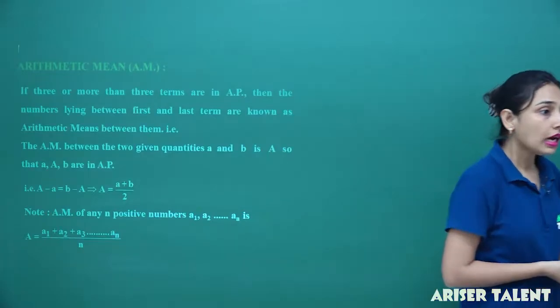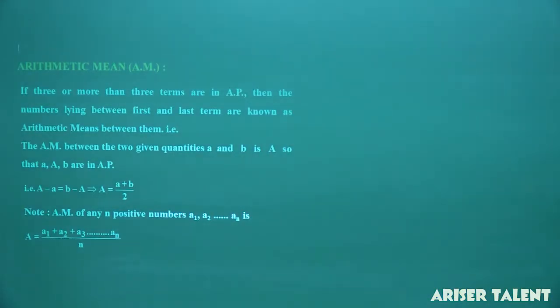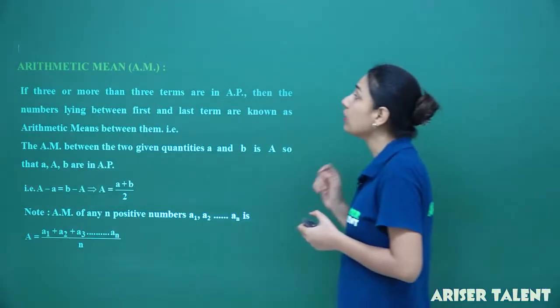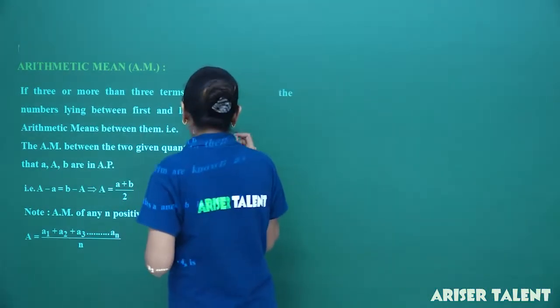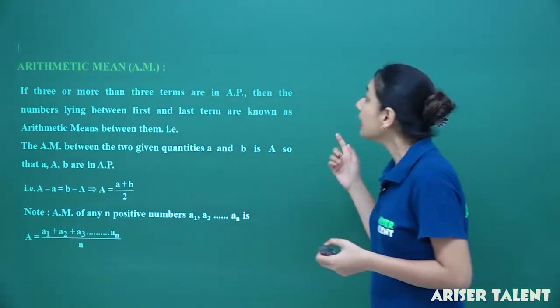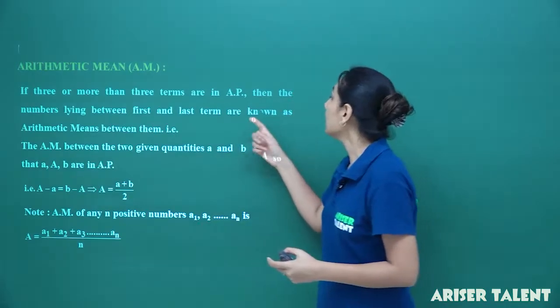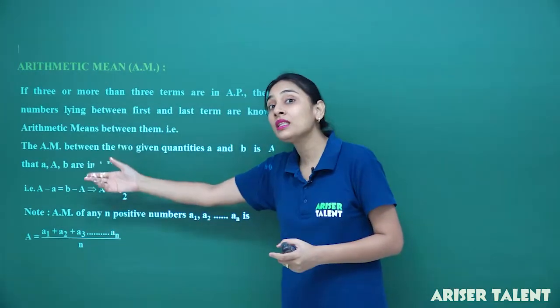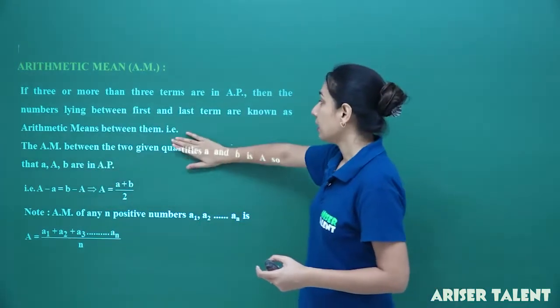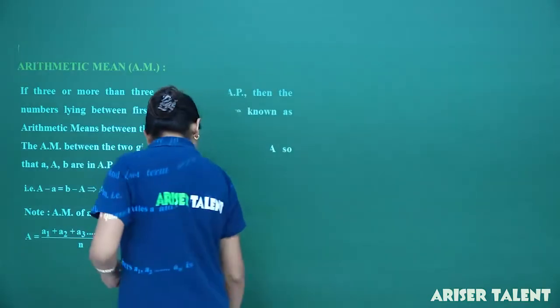So first is arithmetic mean here. Okay, so what is arithmetic mean? I'll tell you. First, understand: if 3 or more than 3 terms are in AP, arithmetic progression, then the numbers lying between the first and last term are known as arithmetic means of that AP or between them.